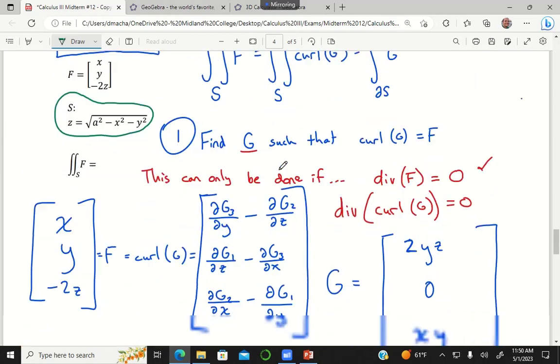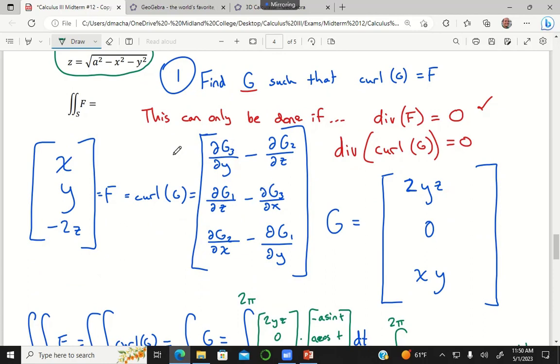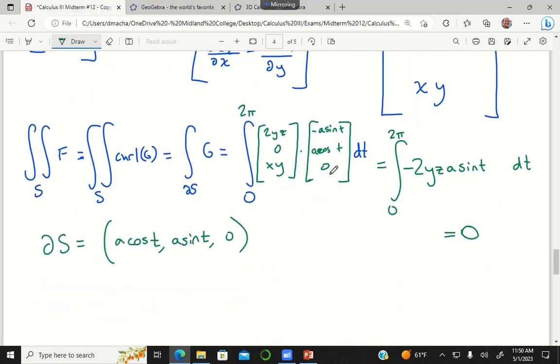And then of course if we use Stokes' theorem and we find the anti-curl of the vector field F, and then we take the path integral around that boundary, we also should get the same thing. Okay.